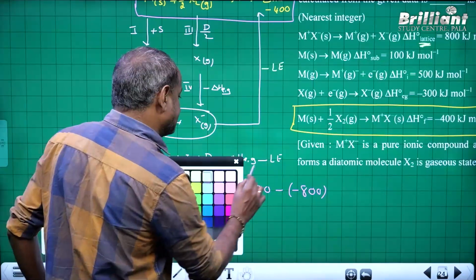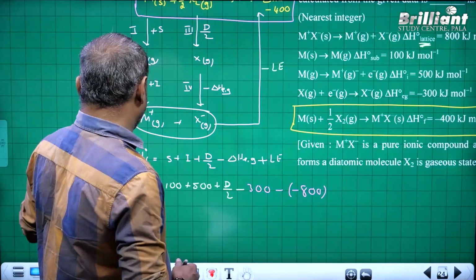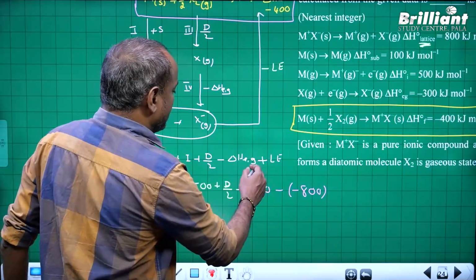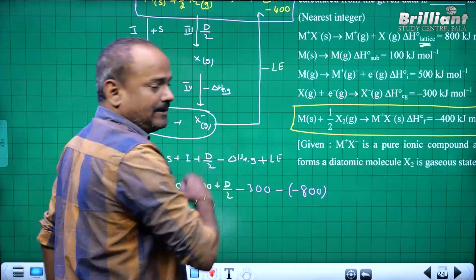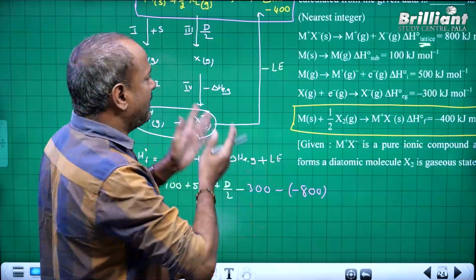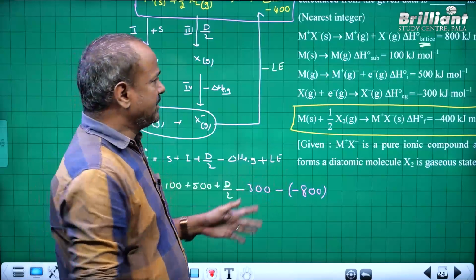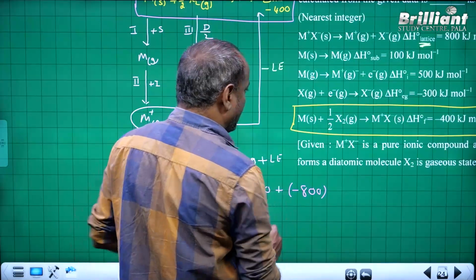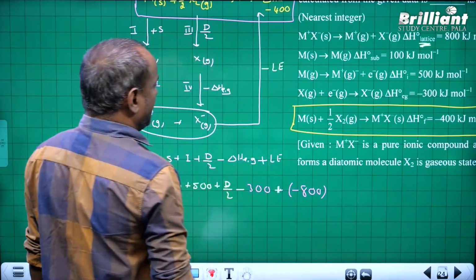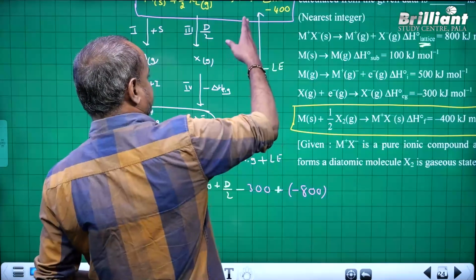So this is plus Le, because as per the same sign conventions, delta H of S, I, D by 2 are minus, always minus, but this formula is written as plus Le. Depending on the Le calculation, if it is formation it is minus, if it is dissociation it is plus, but here the Le value is given, not calculated, that is why the given Le value is minus 800, because it is taken in this direction.